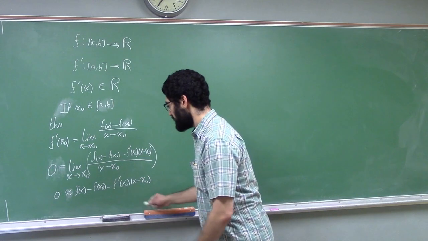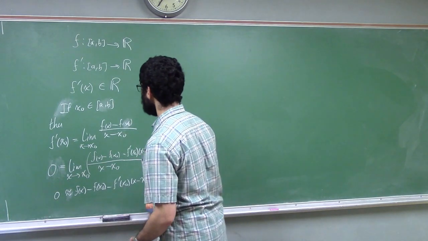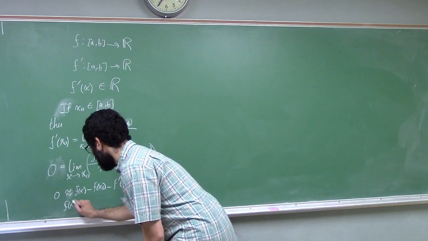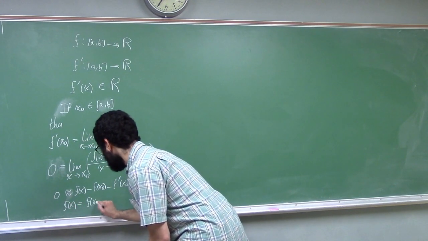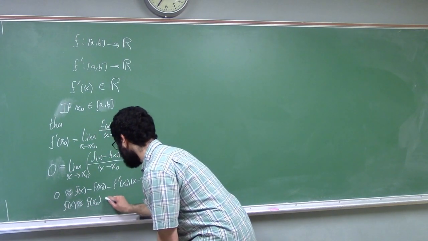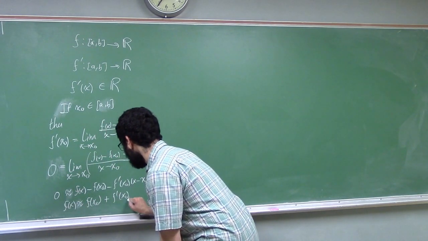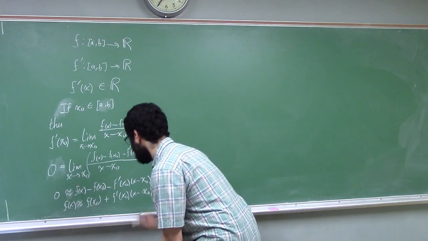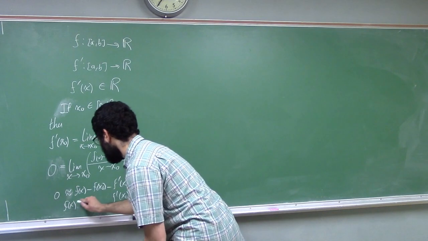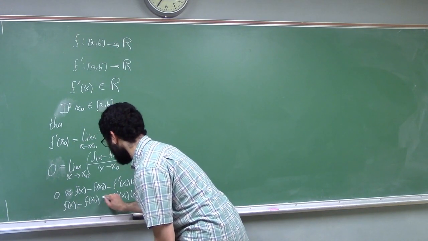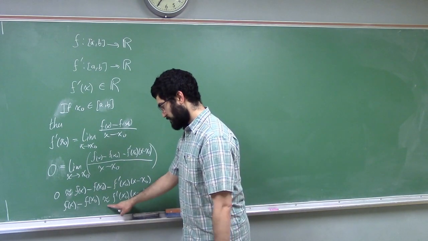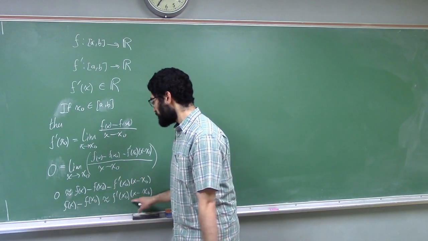Okay, so another way to write this is like this. Fx wiggly equals fx naught plus f prime x naught times x minus x naught. Or, you know, I'd rather actually write it like this. Fx minus fx naught, wiggly equals this thing. So wiggly equals, again, means this becomes more and more true.